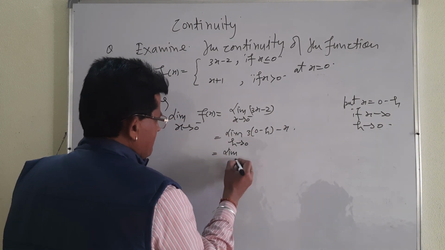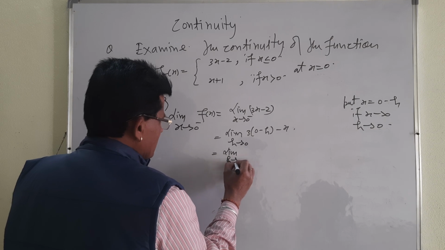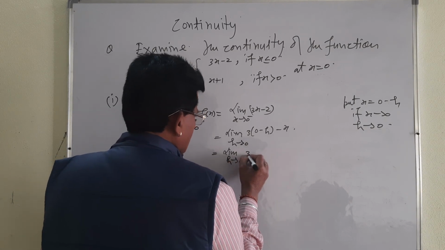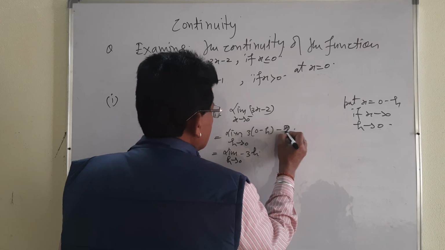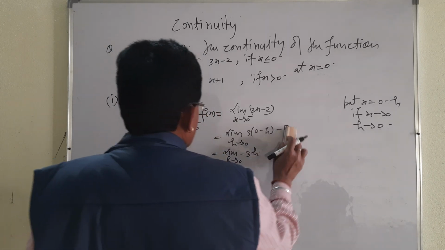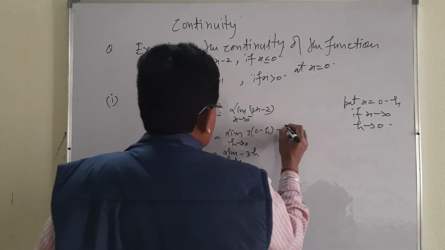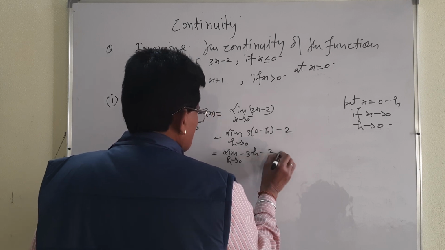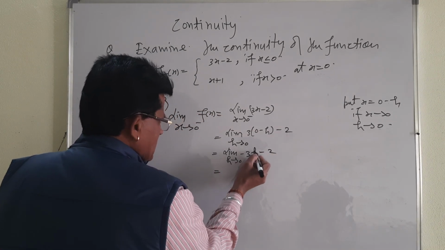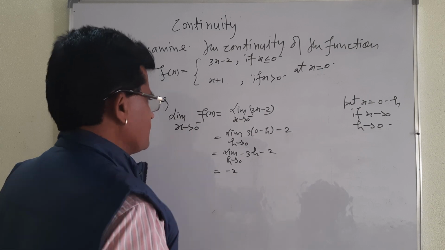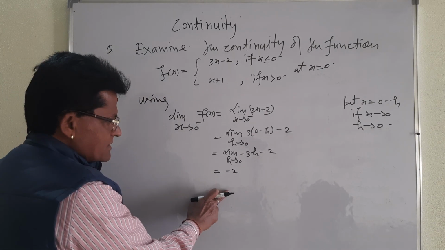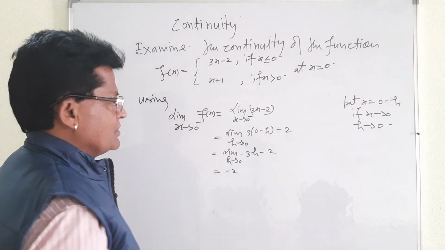Limit h tends to 0, 3 minus 3h minus 2. It is not x, it is h. Take the limit, in place of h you put 0, it will be minus 2. That is why the left hand limit is minus 2.